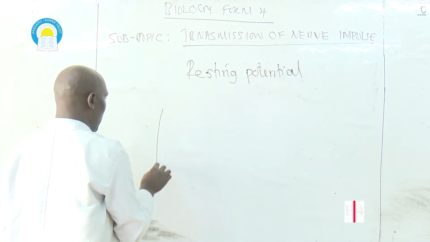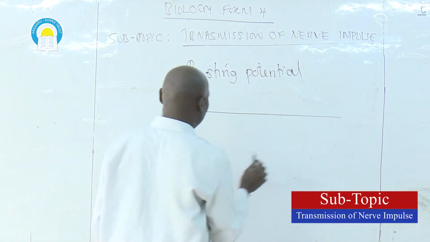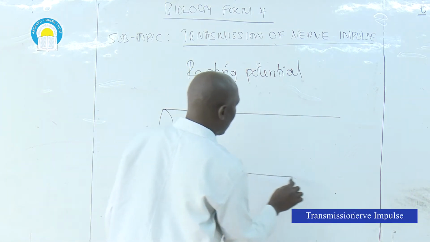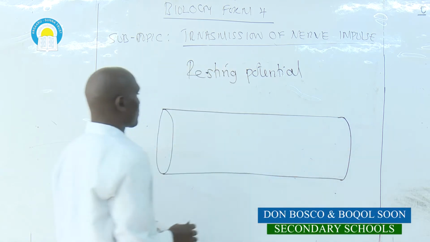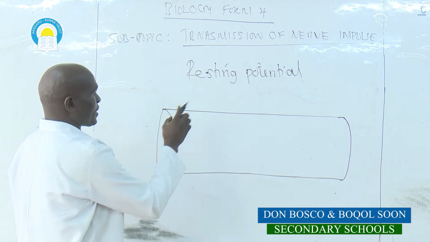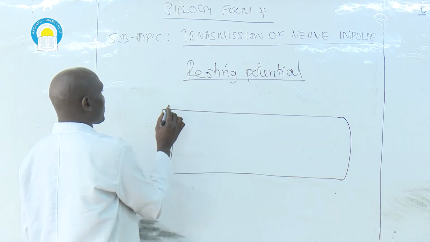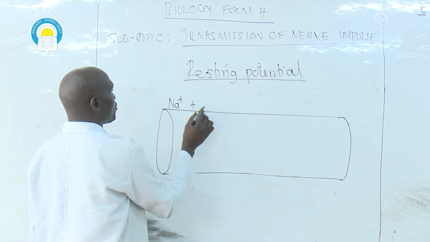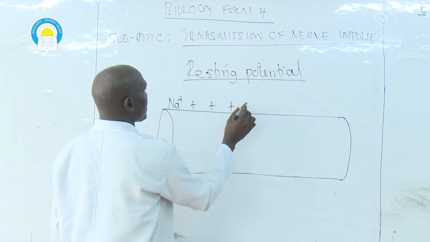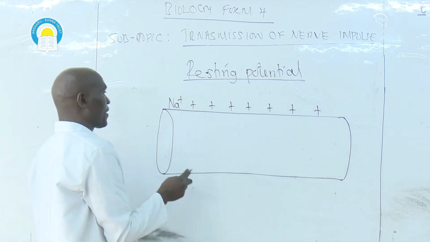If I take this diagram to represent an axon or a section of axon, then this is what we have. At resting potential, the outer part is usually positively charged due to high percentage or concentration of sodium ions.